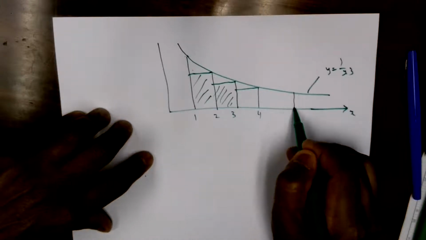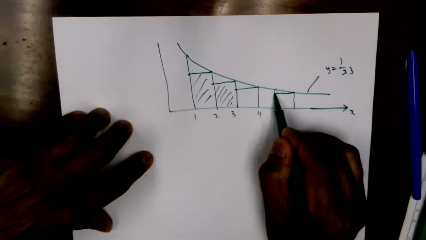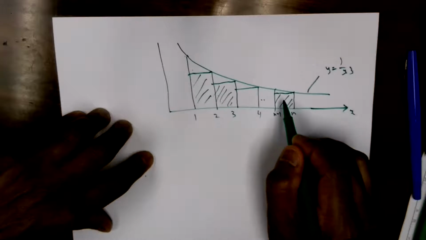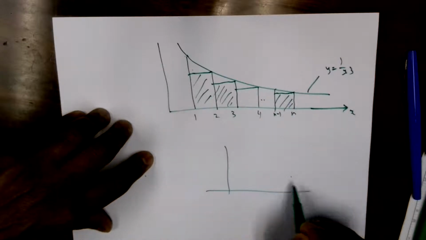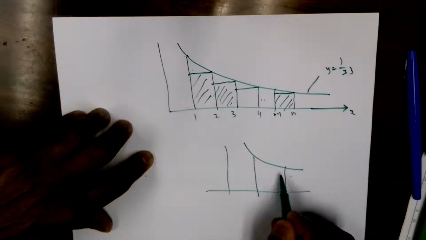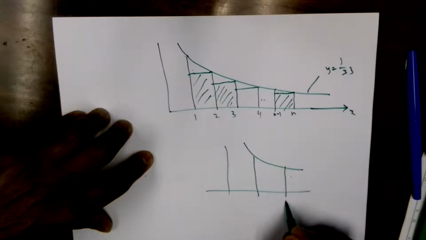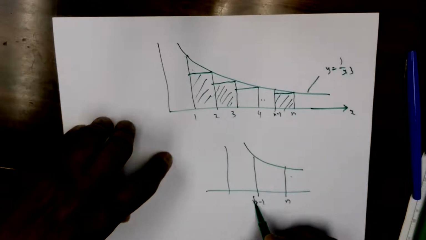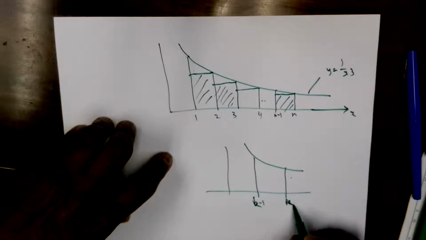If it is n, then this is n minus 1 and n. I'm going to expand that here. Let's say this is n and n minus 1, or k minus 1, it doesn't matter.